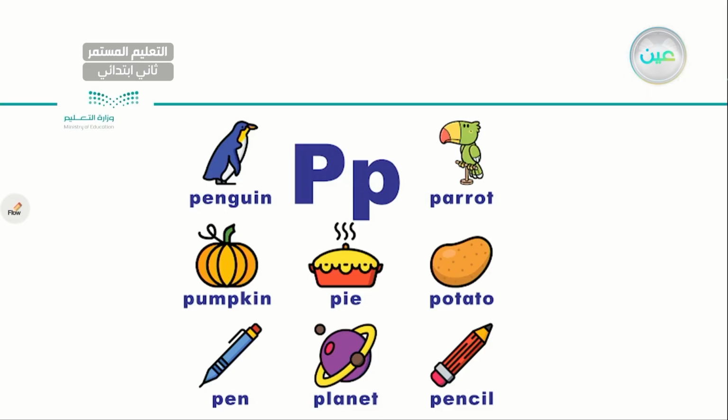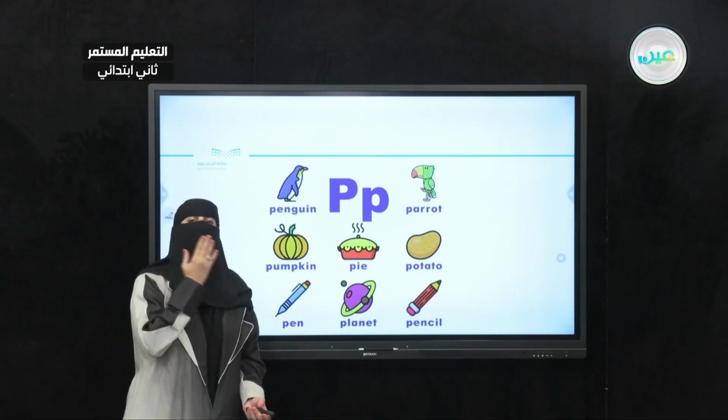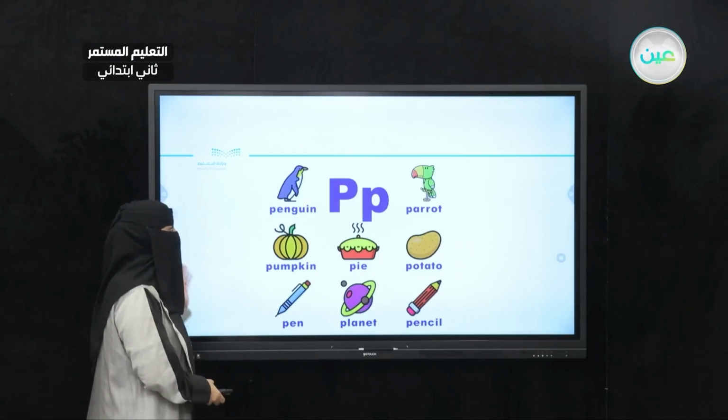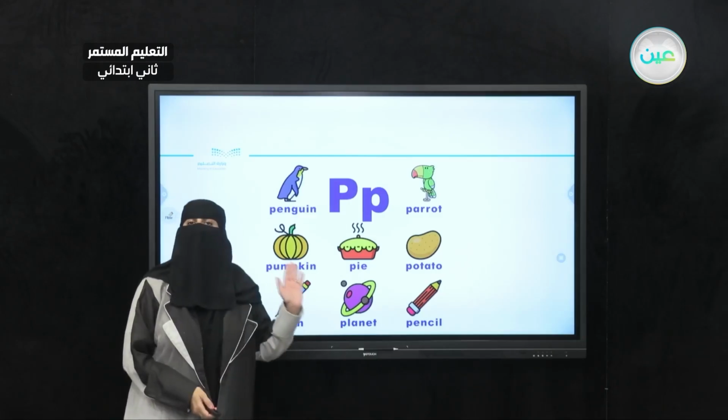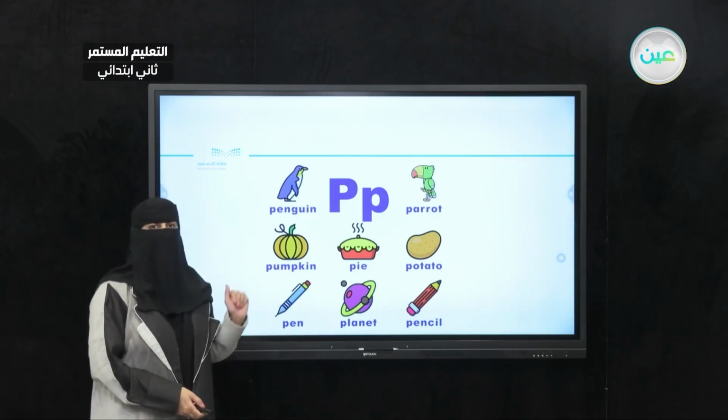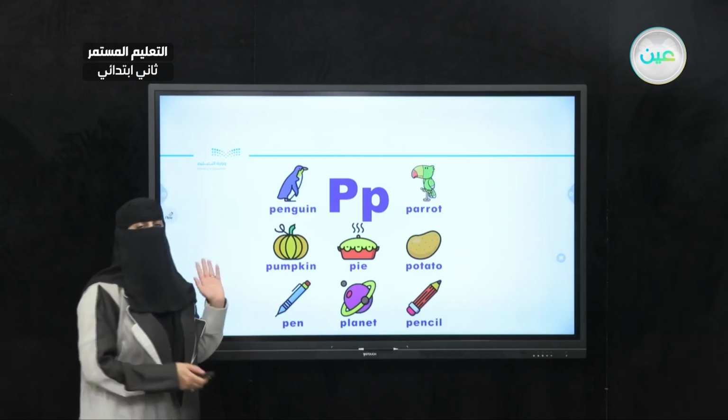I have penguin, pumpkin, pen, pie, planet, parrot, potato, pencil. Pa, pa, pa. It feels like there is air coming from your mouth. So, pen, pencil, pie, and so on.